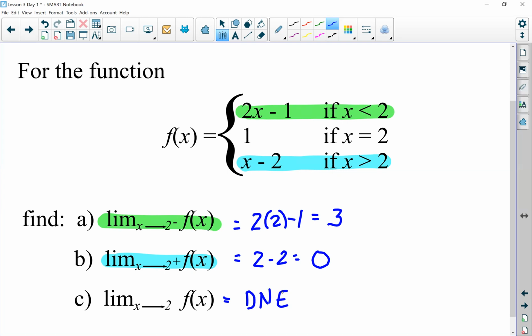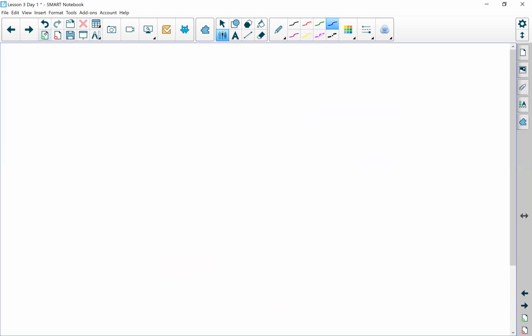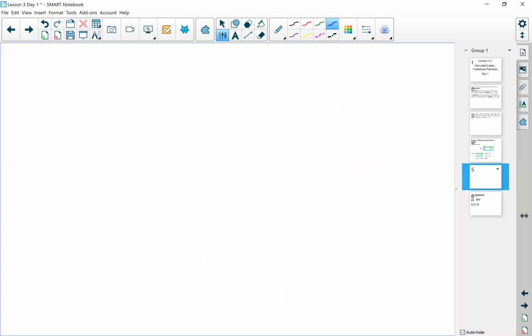Now that's looking at it from purely the function standpoint. If we wanted, we could graph this. And so what I'm going to do is graph that function.